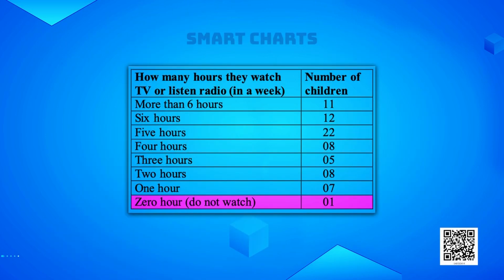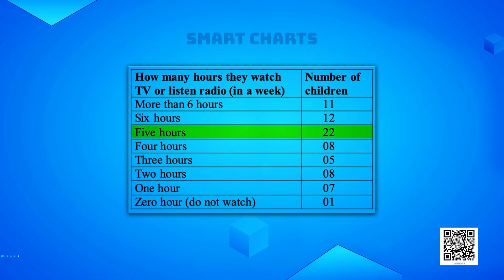Yes, only one of his friends does not watch TV or listen to radio. So finally, how many hours do most of his friends spend in front of a TV or radio? Yes, most of his friends, that is 22 in number, spend 5 hours in a week in front of a TV or radio.